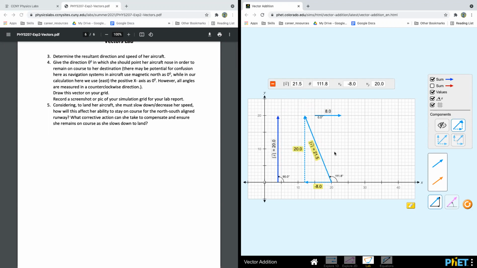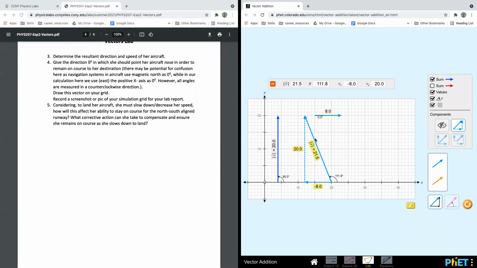I guess the maximum you can do is 21. It still remains north, right? So they are asking what she should do to remain her overall direction due north.